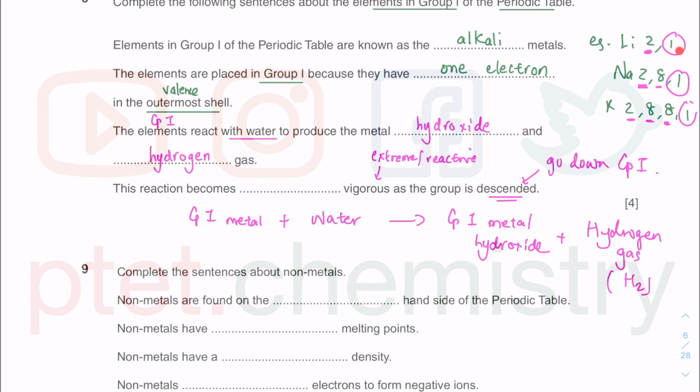And since your valence electron is less attracted to the protons, it's easier to lose. If it is easier to lose, they become more reactive, more extreme, more vigorous going down group 1 because it is easier to lose your outer shell electrons, or you can say outermost electrons.